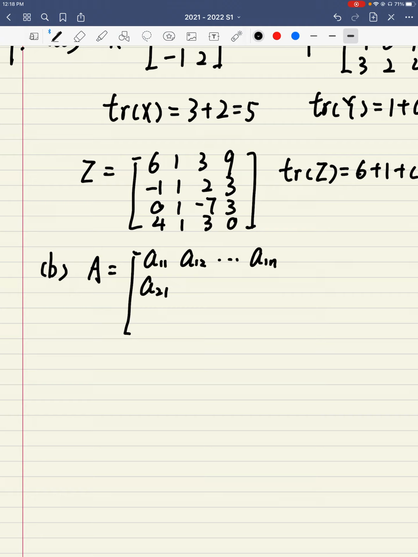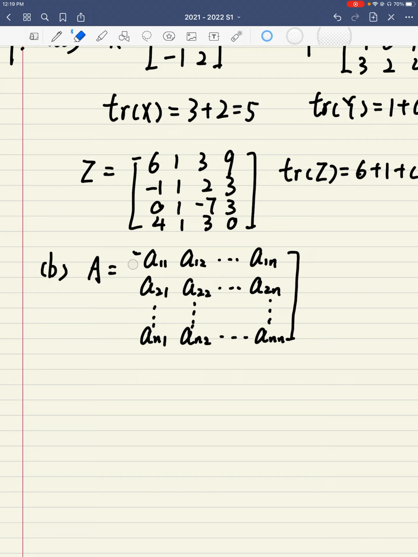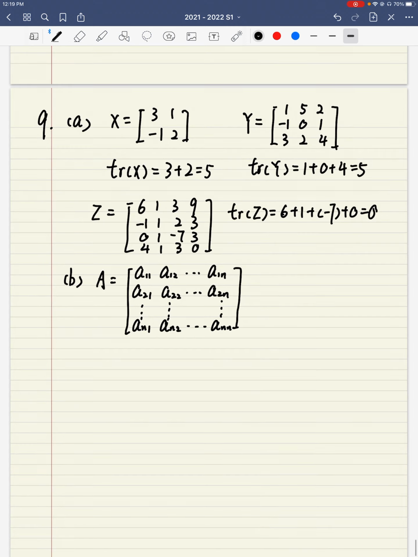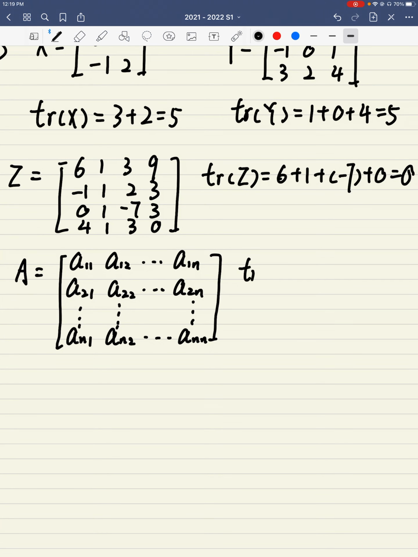Then A21, A22 all the way to A2n, and so on down to An1, An2, all the way to Ann. Then what's the trace of A?